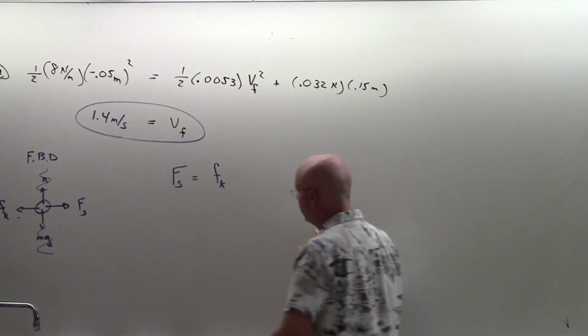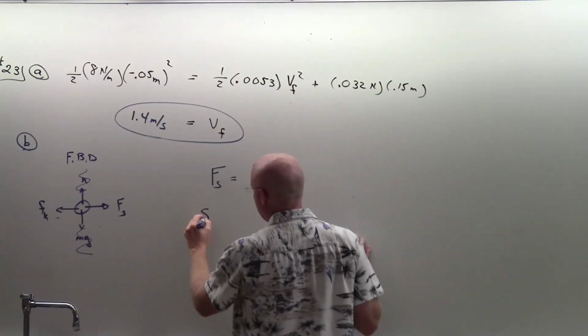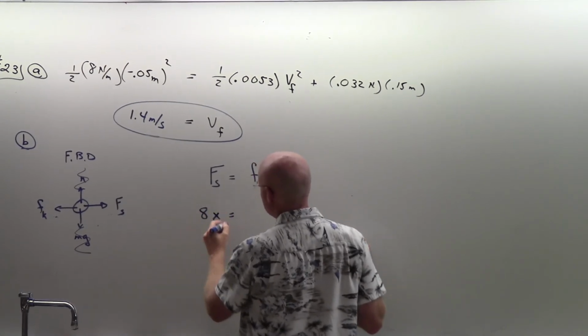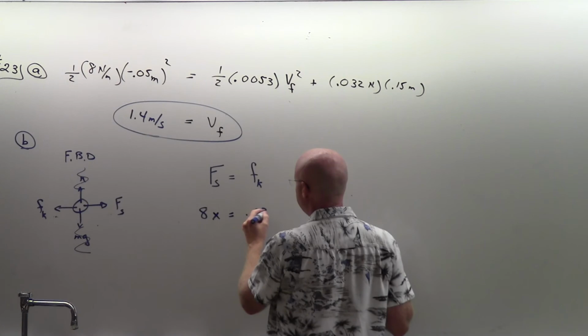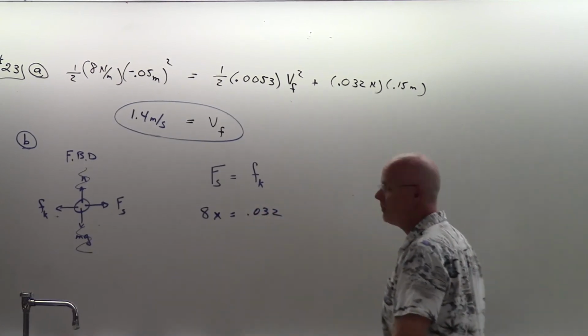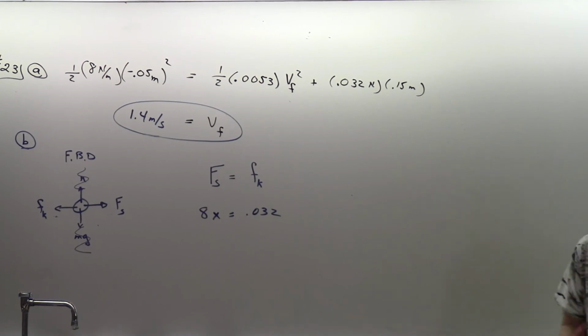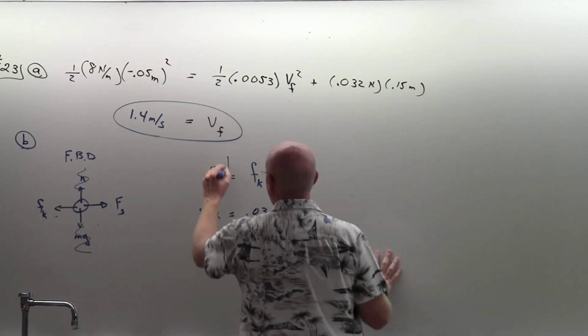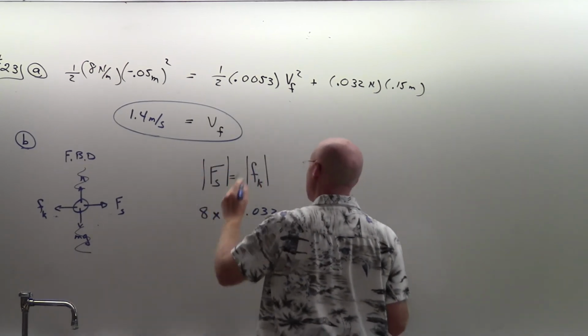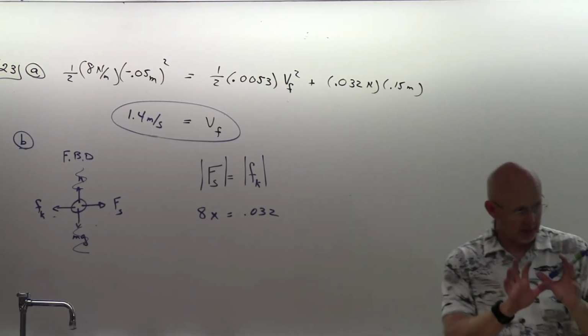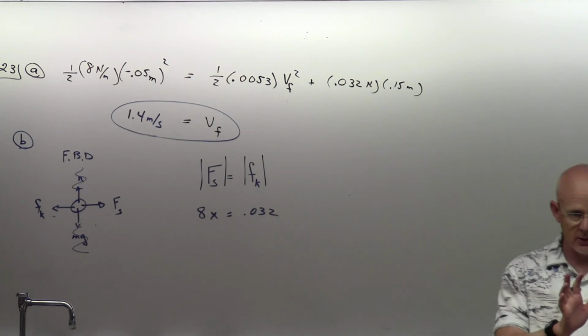We know the force from the spring is k, which is 8, times x. And we know the force of friction is 0.032. And maybe I should emphasize that I have, of course, dealt with the absolute value of this spring, so I completely ignored the negative sign in Hooke's law.